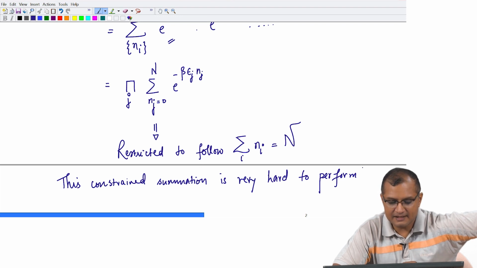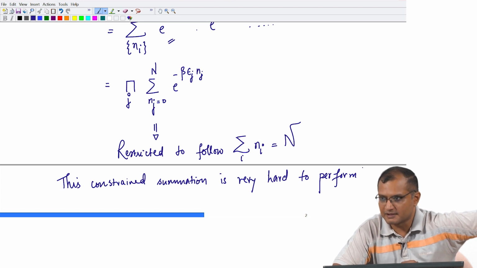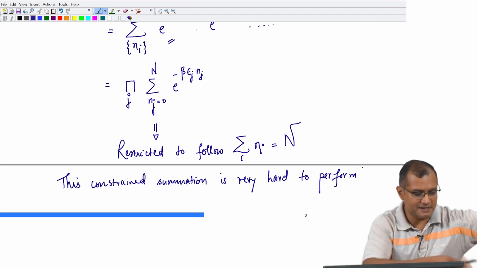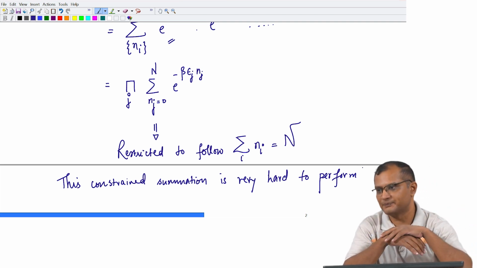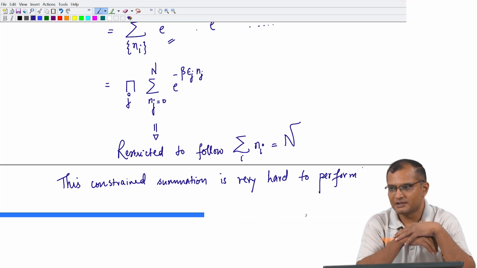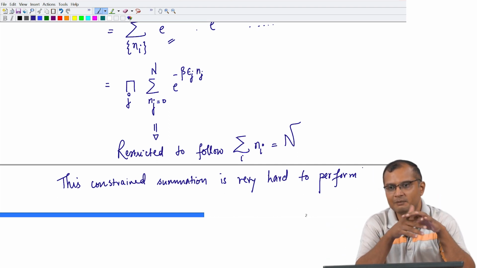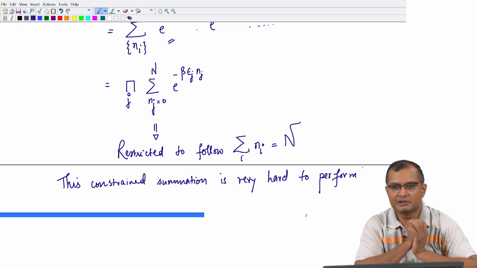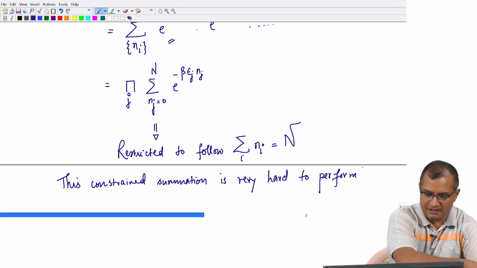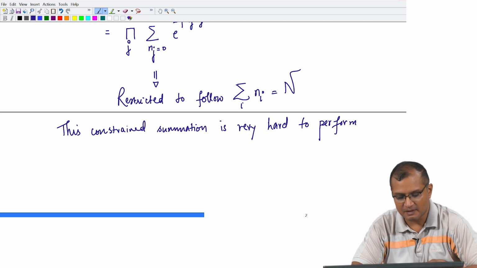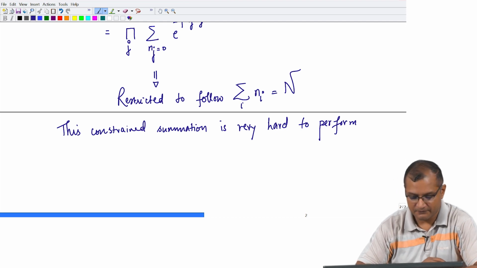Suppose I take Nj as n by 2 for the first exponential, the next exponential cannot have Nj anything other than what I am left with, and I have got an infinite number of exponentials there. So, for each one of them the label Nj cannot take independent values, they are constrained to sum up to n, which is the number of particles in the system. So, I can't perform this summation, it is very hard.